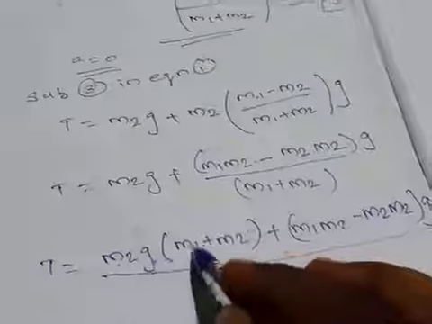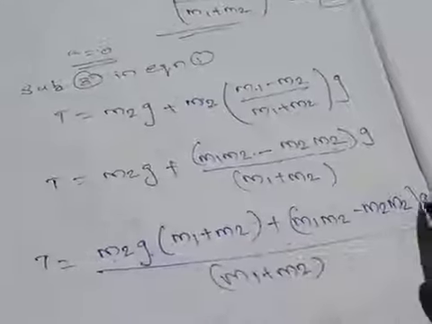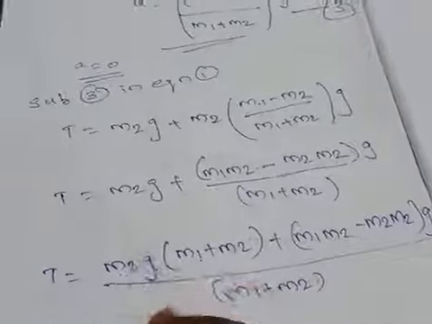Multiply this M2 inside, and here you multiply this G inside.